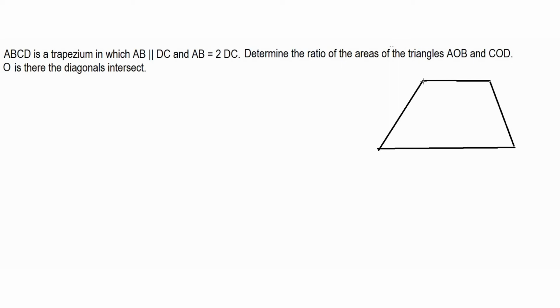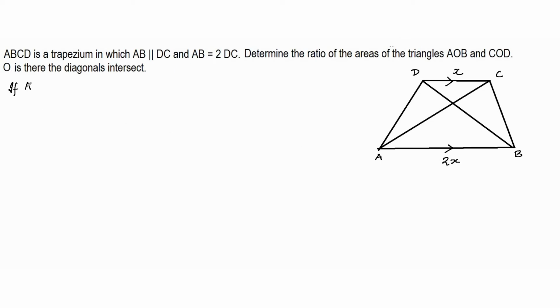So let's quickly make that diagram. All right. So we have AB. AB is parallel to DC. So we have ABCD is a trapezium. AB is parallel to DC. It's given that AB is 2 times DC. That is, if DC is x, I can take AB as 2x.